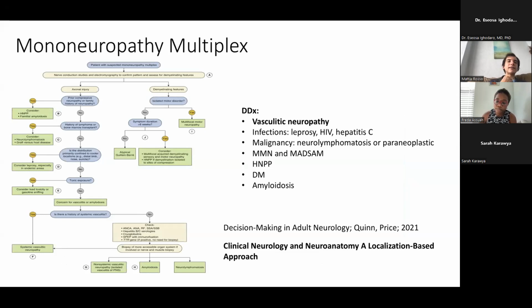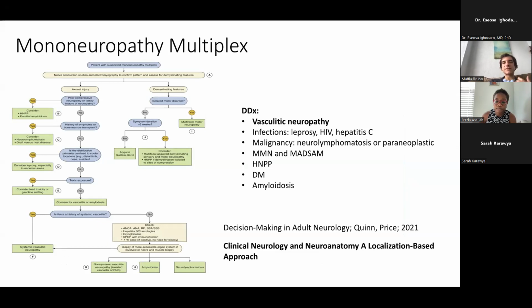And I hinted at this mononeuropathy multiplex. It's whenever we have multiple nerves being affected almost at random. And the thing that always pops to our mind is almost wanting to call this mononeuritis multiplex, because the most common causes are inflammatory.